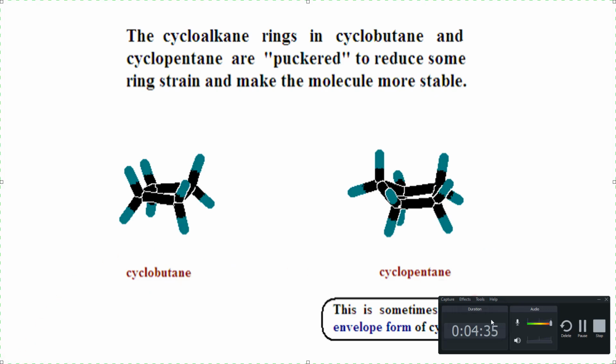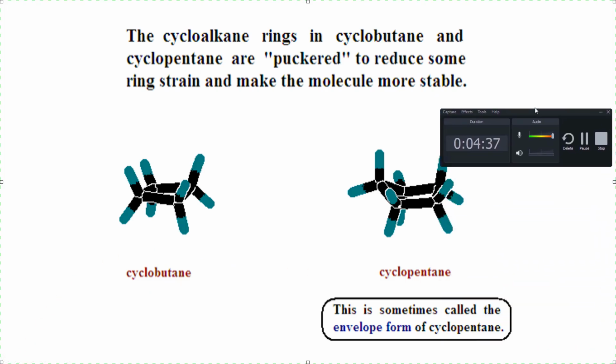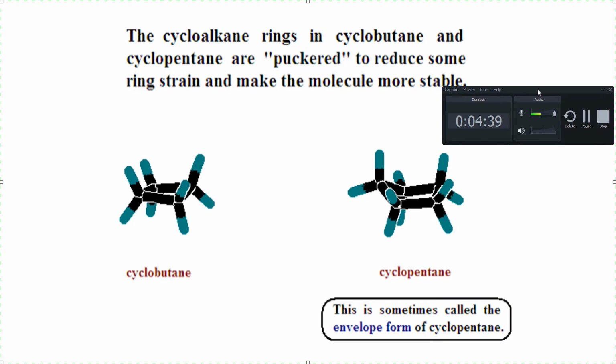But just to go back here, cyclobutane has an issue in that it has to be puckered, and that's with a P. It has to be a little bit puckered because the hydrogens will eclipse each other.